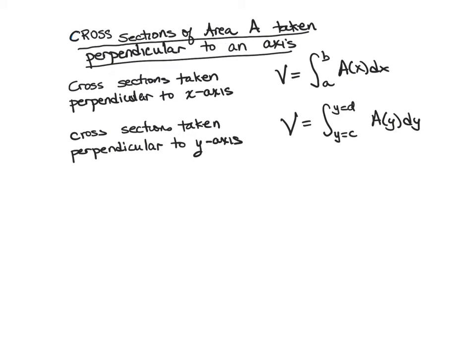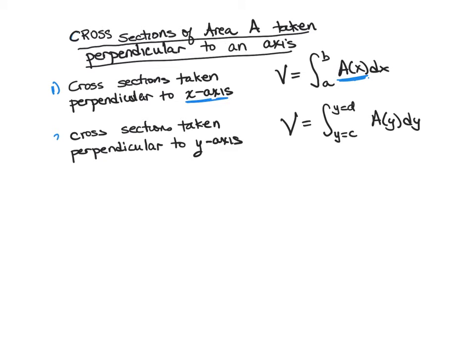If the cross sections of some geometric figure are taken perpendicular to an axis, and it must be perpendicular to either the x or y axis. If the cross sections are perpendicular to the x-axis, which is the most popular, then we integrate with respect to x, and the volume is the sum of the areas of all the cross sections from x equals a to x equals b in terms of x.